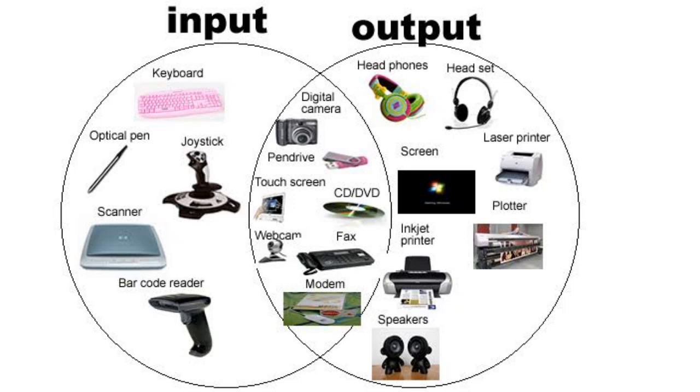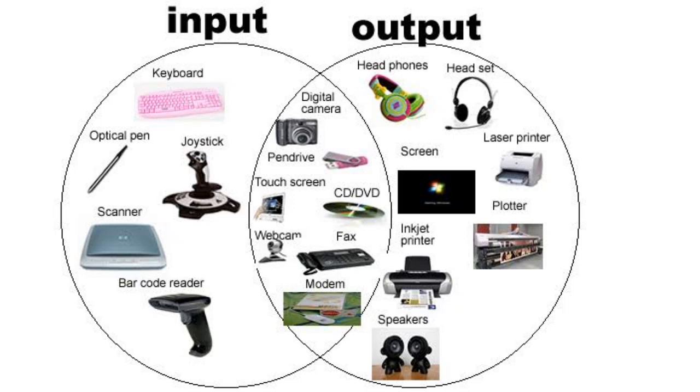So what is output? Headphones, headset, screen, laser printer, plotter, inkjet, speaker. These are all the devices that will show your output in the form of data on screen or by audio on speakers.